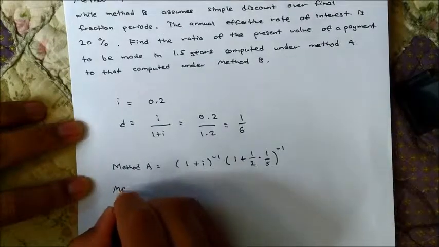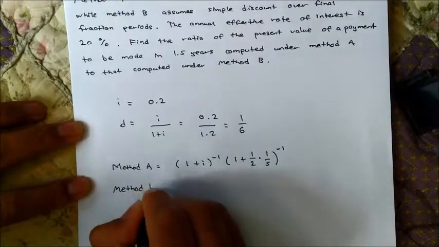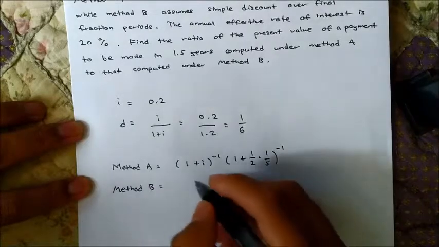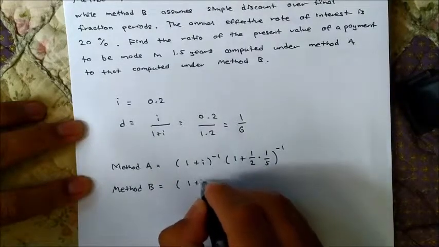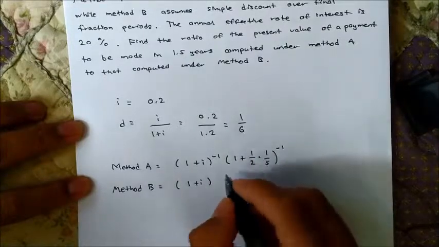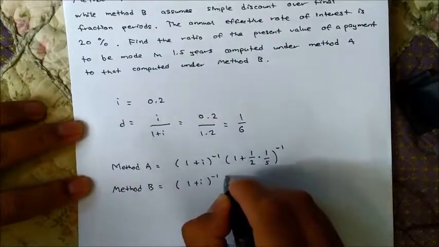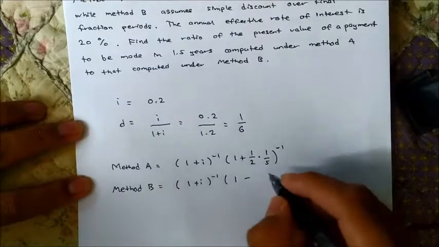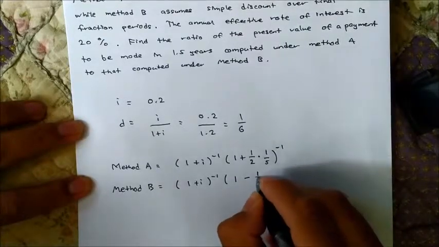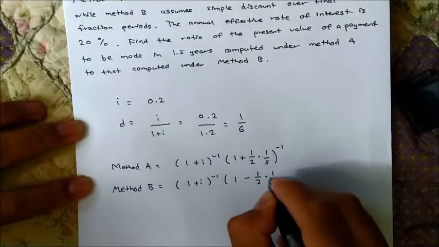For method B, since method B is using the discount rate, the formula is (1 plus i) to the power of negative 1 also, times (1 minus 1 over 2 times 1 over 6).